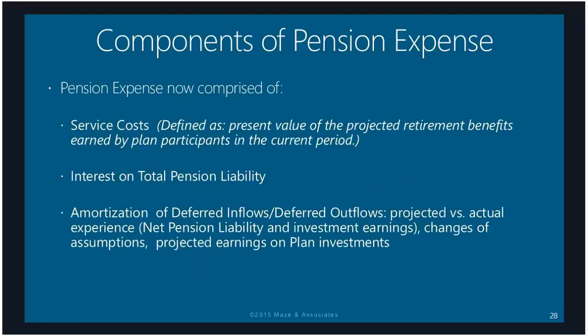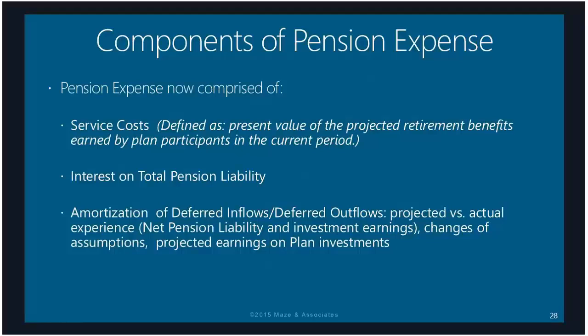Now let's take a moment to talk about pension expense. Unlike the pre-Statement 68 practice, in which pension expense equaled the actuarial required contributions on the full accrual statement, under the new standards, pension expense comprises many components. They are listed on this slide and the next one.